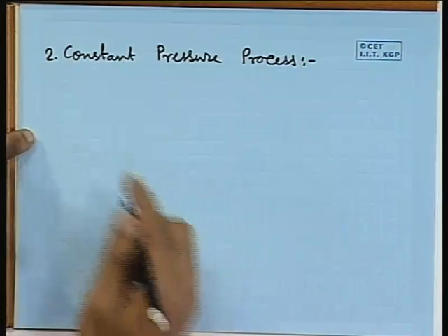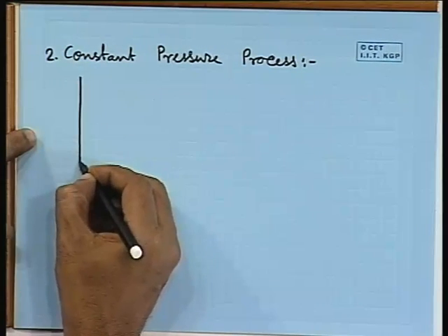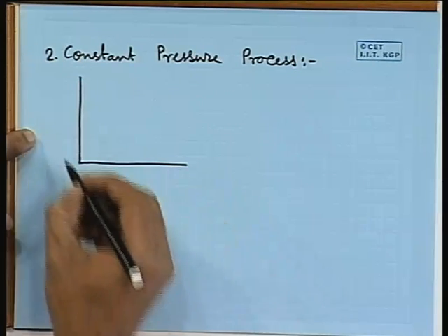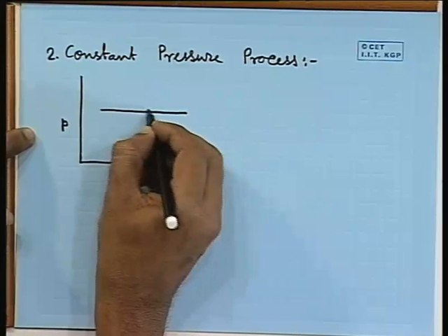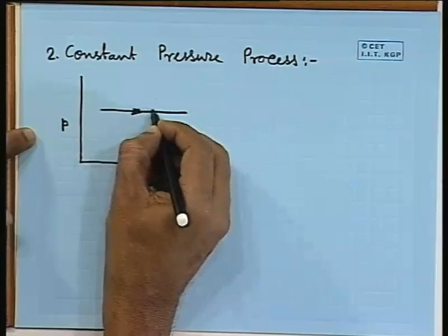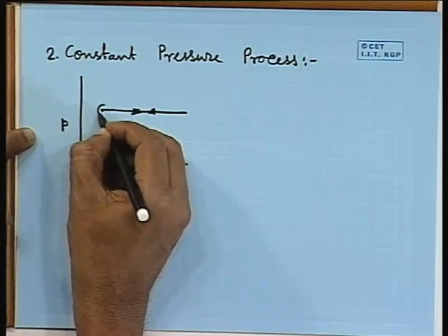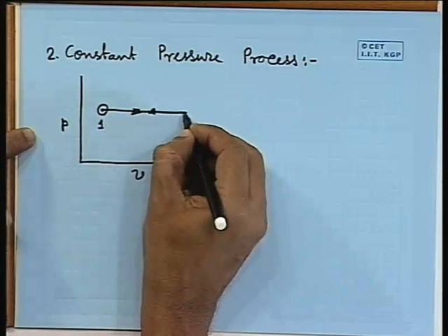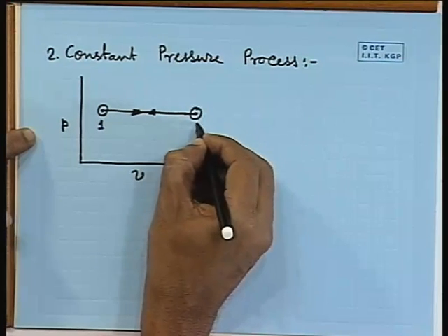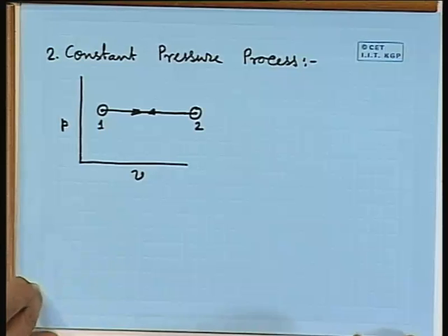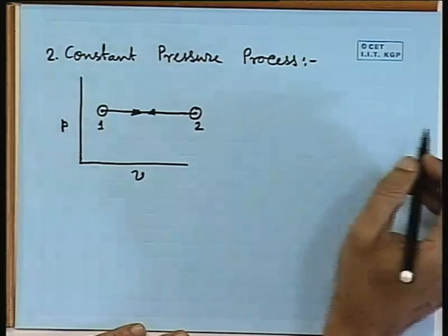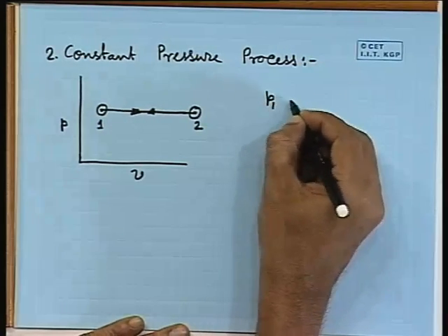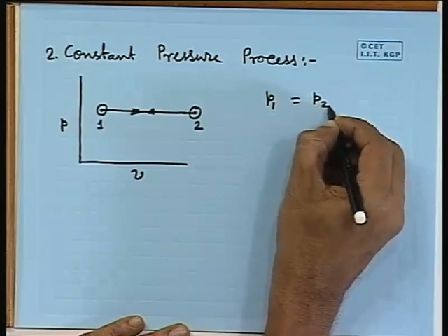In a constant pressure process, again it is easier to visualize in a PV plane. So, we will have P1 is equal to P2.